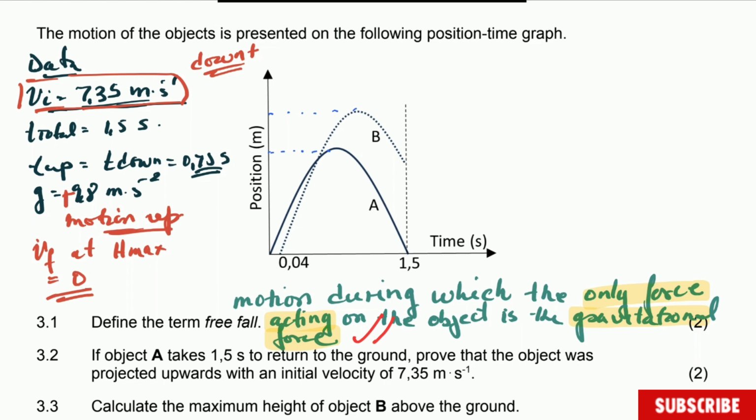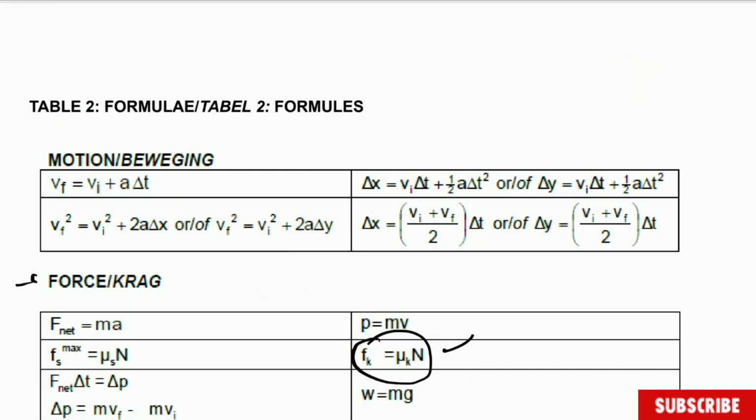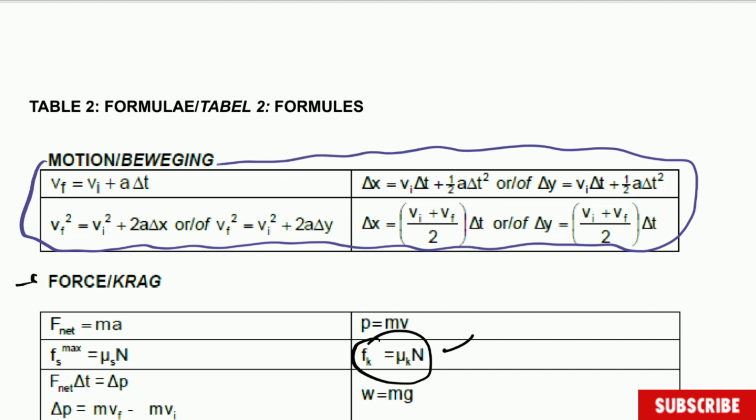We are going to write the formulas on this side. Now, what formula can we use? Very easy. Final velocity is equal to initial velocity plus acceleration multiplied by the time. Here are the formulas you are going to be using in projectile. All the formulas are there, and the first one is the one we are going to be using here.